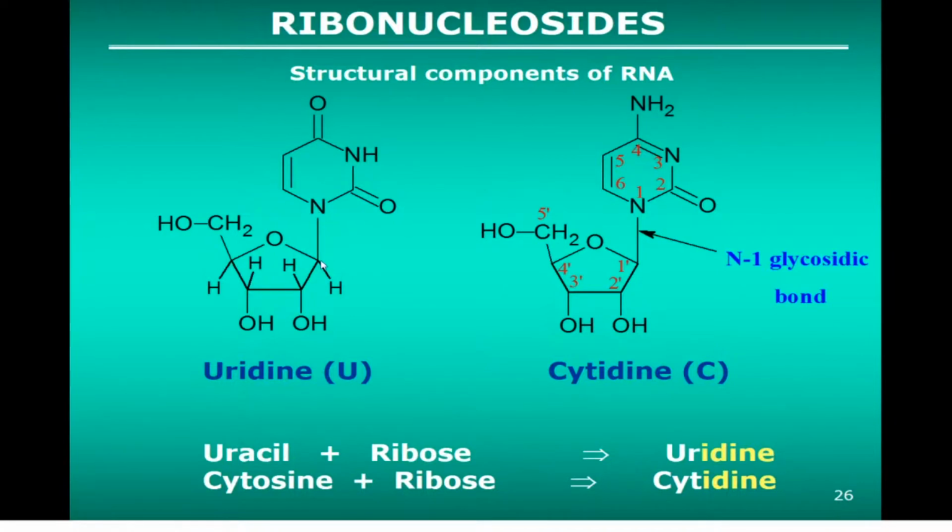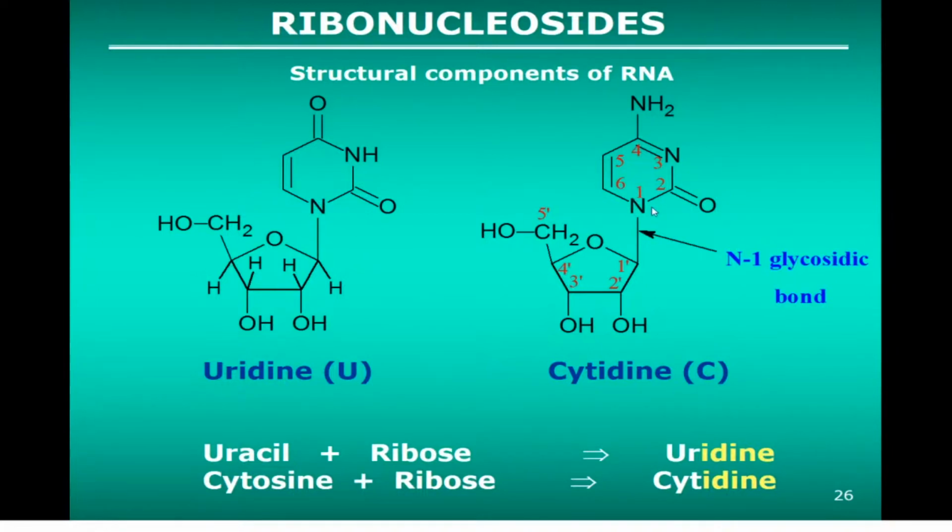Here also glycosidic, but the carbon from the sugar ring is bonded to the nitrogen in our nitrogenous base. In all cases, there will be a carbon-nitrogen bond, carbon first position in all cases. So we shouldn't indicate 1-1 apostrophe. We need to indicate just the nitrogen number because of different nitrogenous bases.